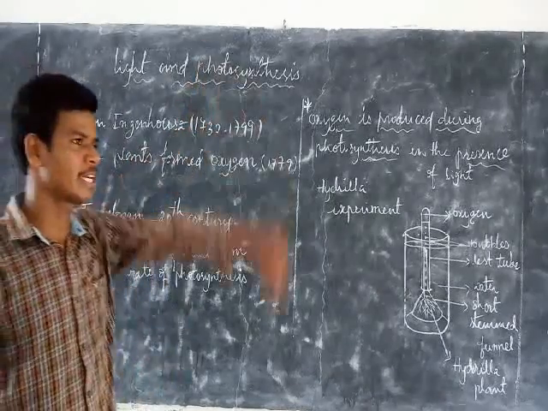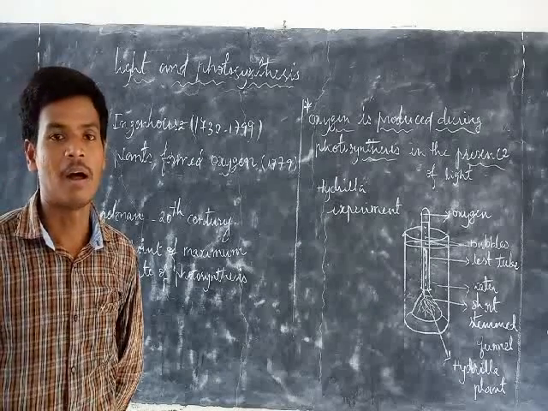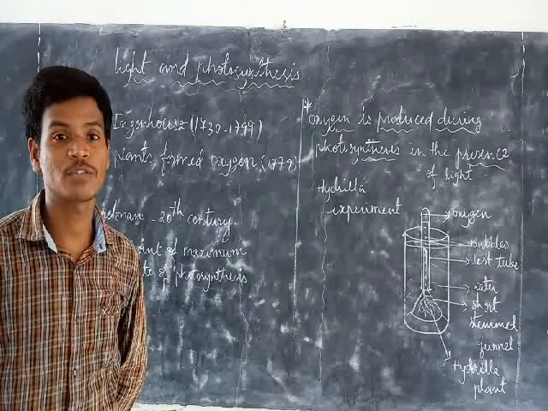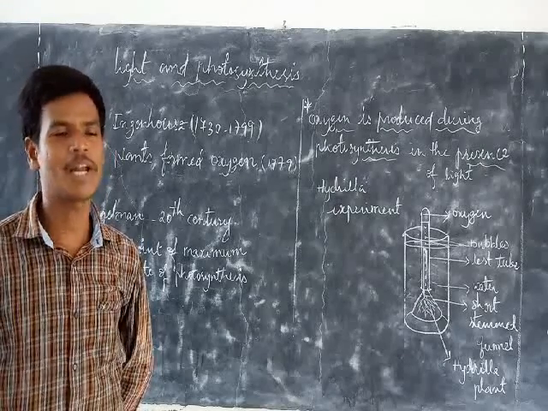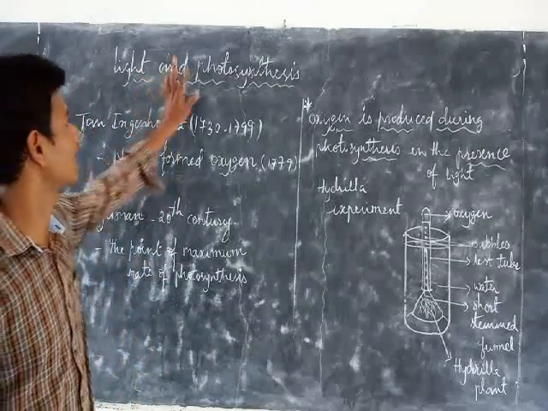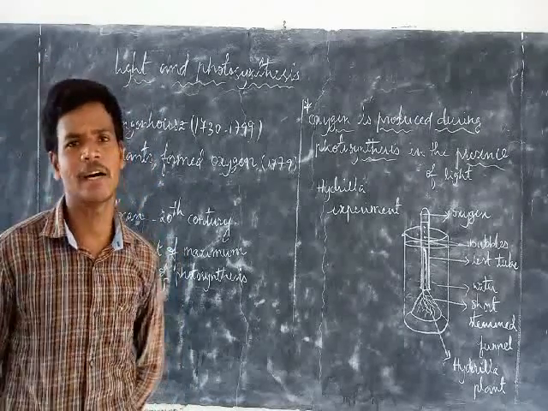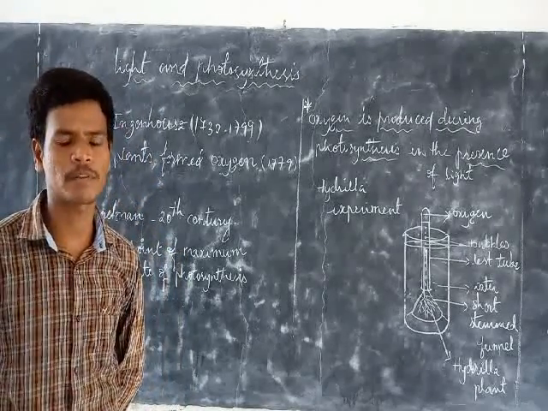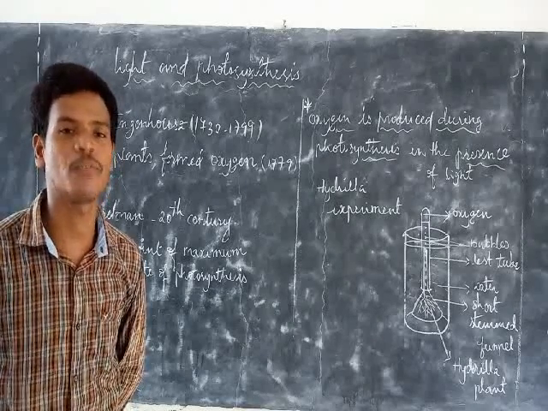So far we have studied water and photosynthesis, gases and photosynthesis, that means air and photosynthesis, and related experiments. Now let us discuss light and photosynthesis. It is also one of the essential factors for the process of photosynthesis.